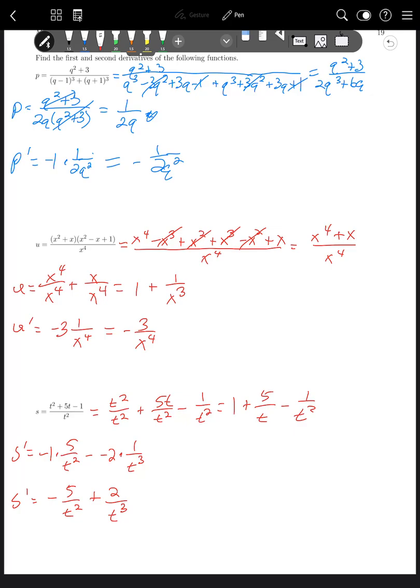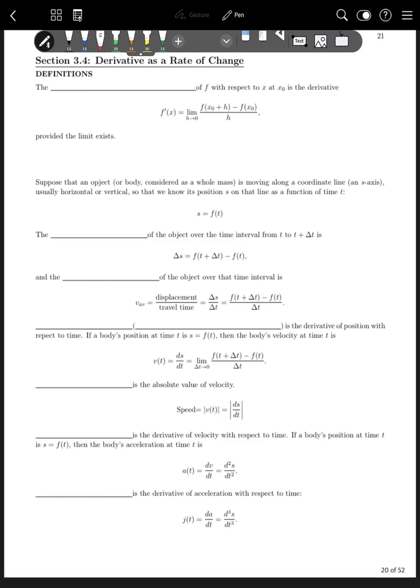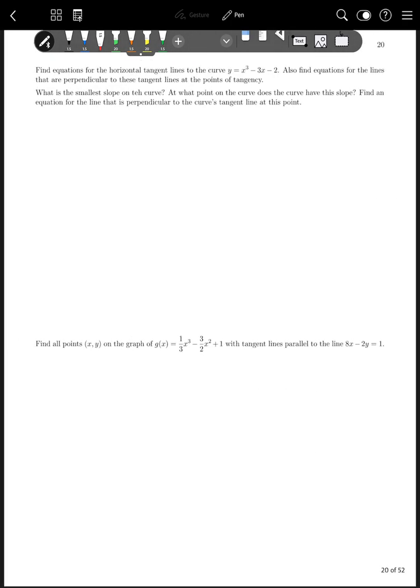Now the last thing we want to look at before we are done with this video, sorry, this one's been pretty long, but there were a lot of things to look at in this section, is just an example of some stuff we can do with these problems based on what we've given. So find the equations for the horizontal tangent lines to the curve, x cubed minus 3x minus 2.